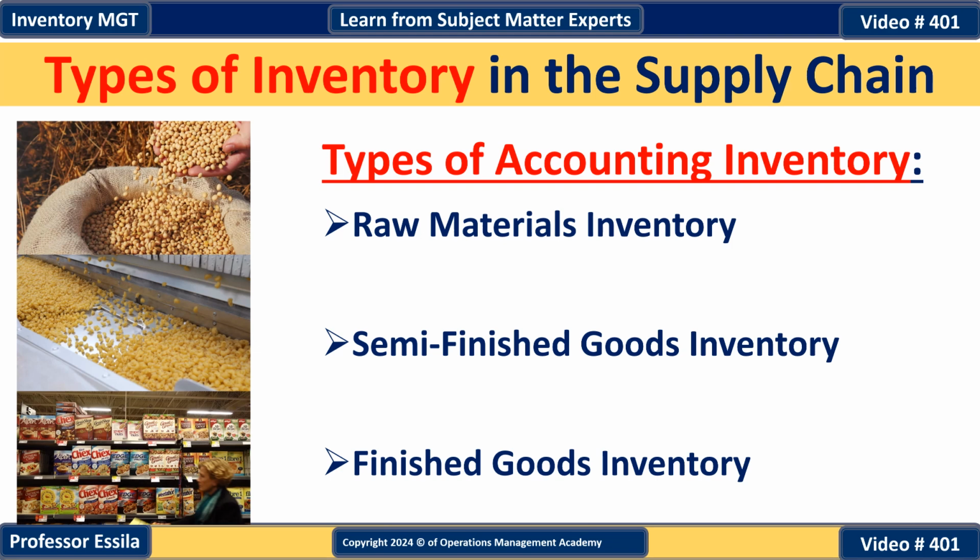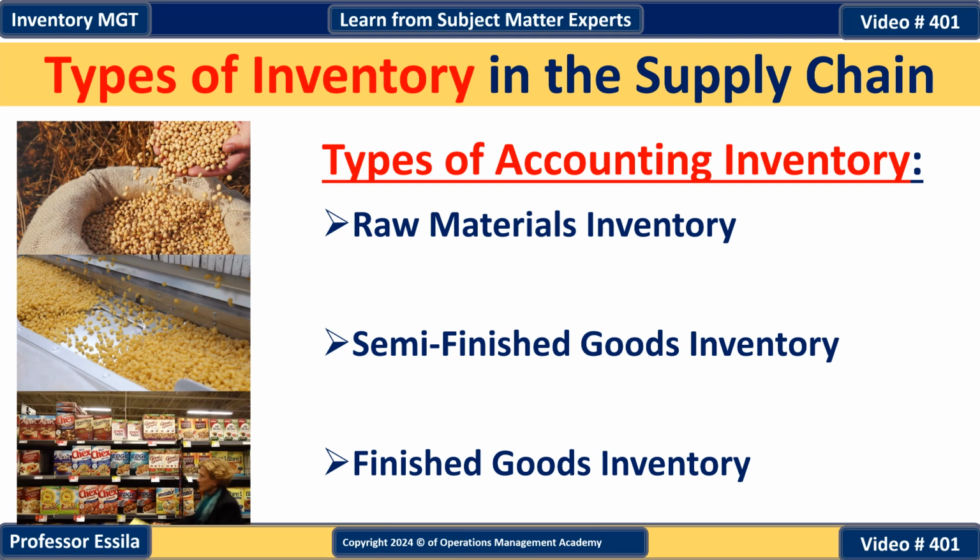So now, what is raw material? Now we are in accounting inventory. Raw materials inventory consists of the basic materials and components that a company requires to produce goods. These materials have not yet undergone any processing or manufacturing.